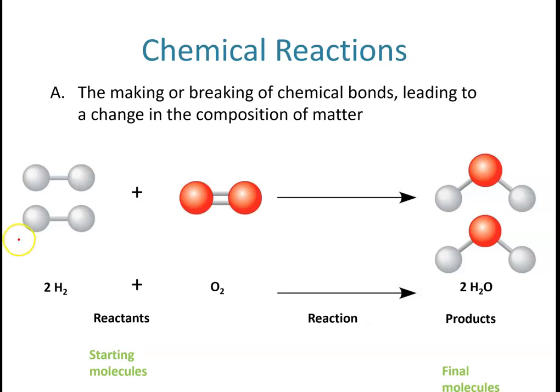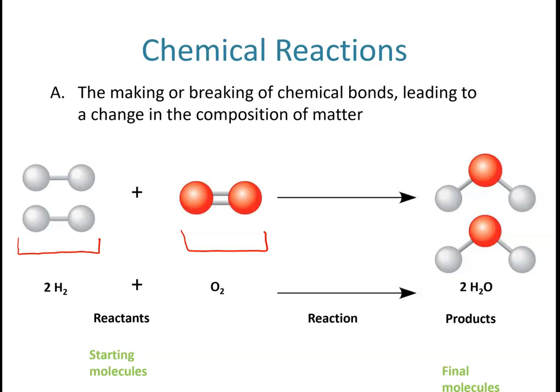So we have two molecules of hydrogen here, one oxygen molecule. They each have their own individual properties. But when you change the bonds in these molecules and produce something new, they have different properties based on that new composition.